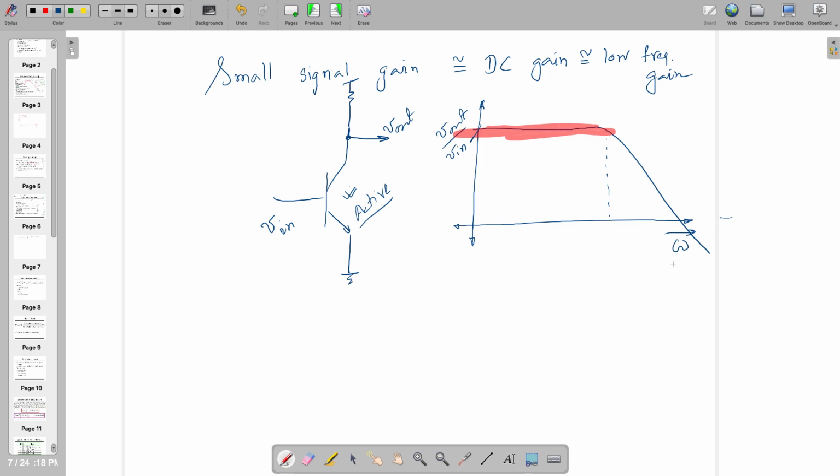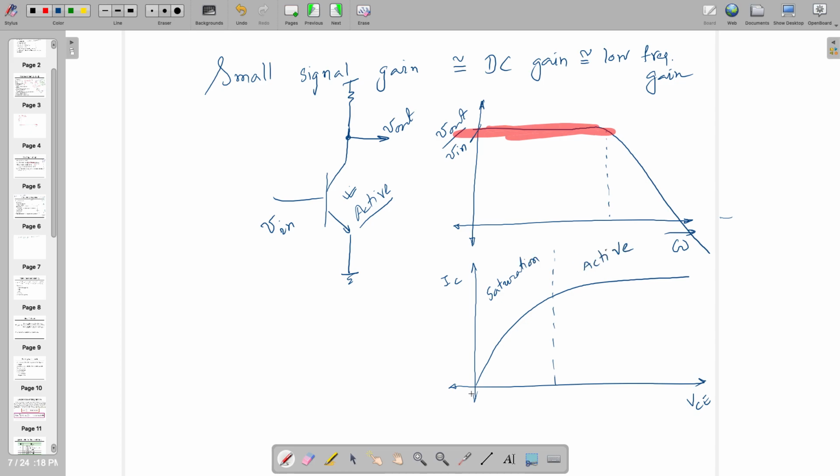That's why I'm saying we are not doing DC analysis. If you are doing DC analysis, then you have to follow IC versus VCE. It looks like this. This particular region is known as saturation. This region is known as active. This region is known as cutoff.